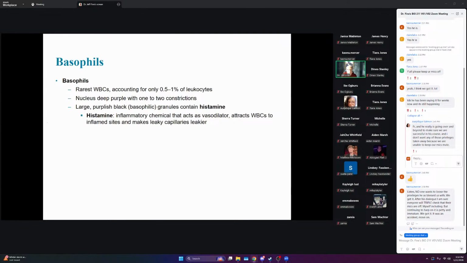So histamine can be a good thing, because not only does it seal off the area like I described previously, but histamine also acts as a vasodilator. A vasodilator causes our blood vessels to dilate, to get bigger and wider. And when our blood vessels get wider, they allow more blood, more nutrients, and more white blood cells to easily get into the area to come in and make the repairs.